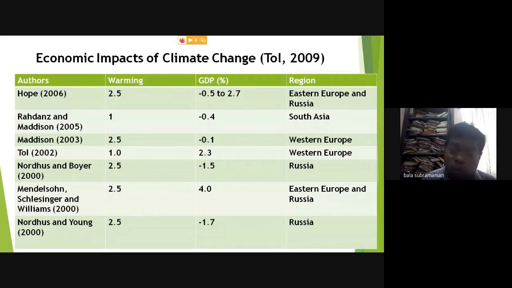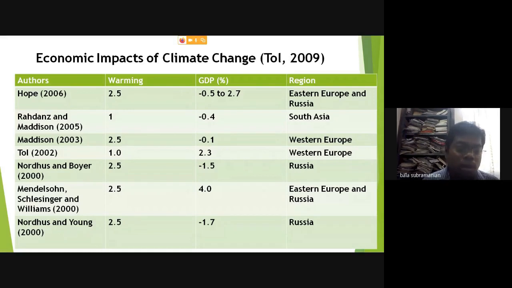So how they design the economic policies, how they estimated the economic impact of climate change: these are helpful findings for architecting policy at the national, global, and regional levels. For example, Nordhaus and Boyer, Nordhaus and Yang. William Nordhaus is a global climate change expert.